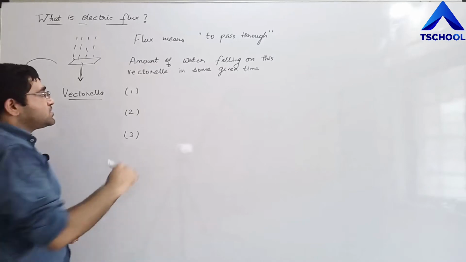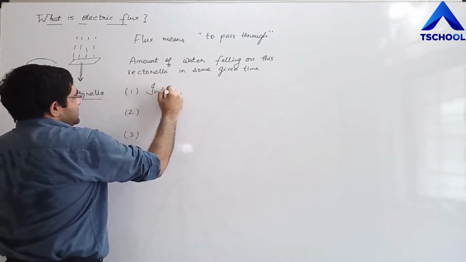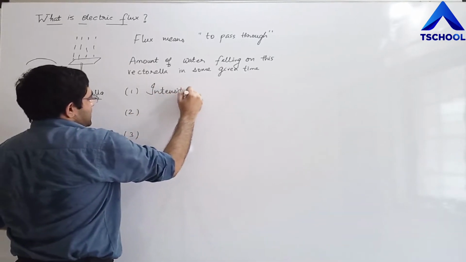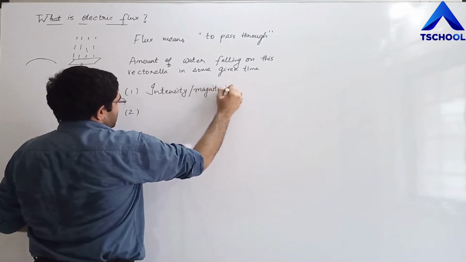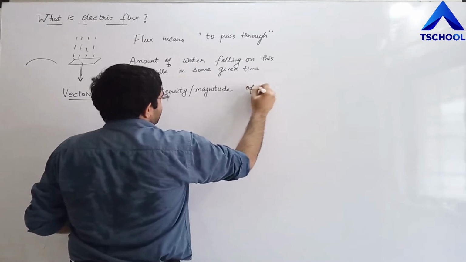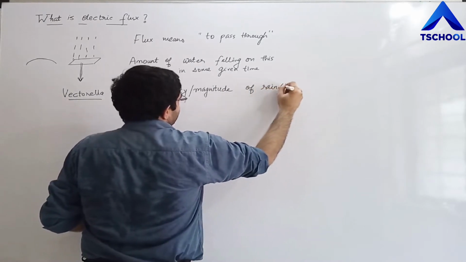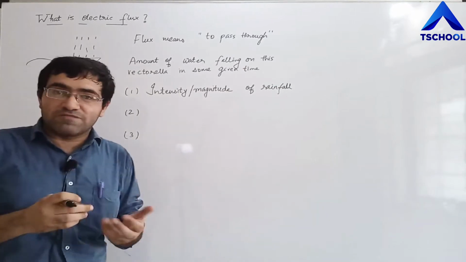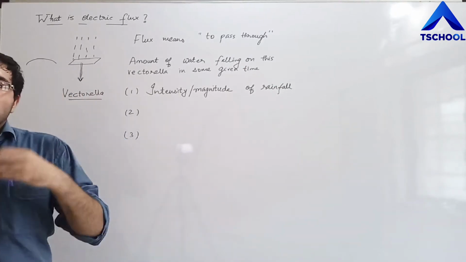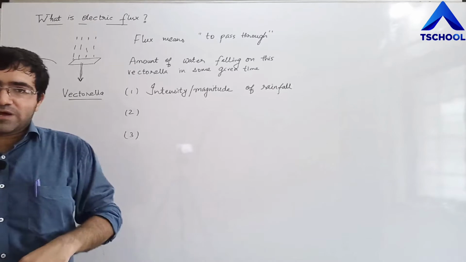First, it depends on the intensity, or you could say magnitude, of rainfall. I'm not saying speed, that's not the word I want to use. If there is heavy rainfall, obviously in some given time there is going to be more water falling on that umbrella.